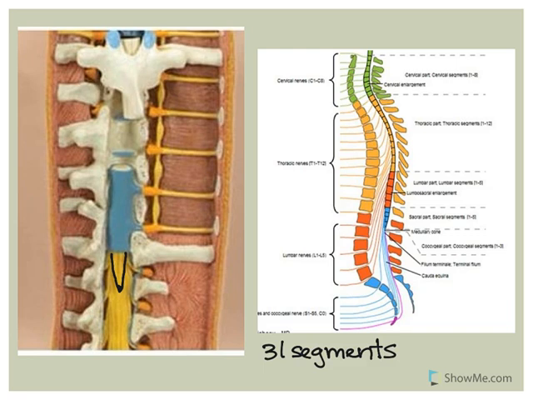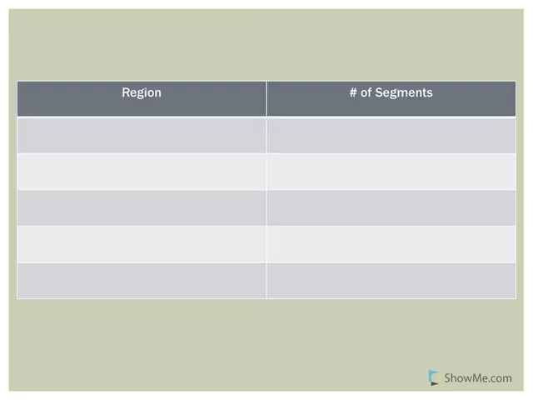From each side originate your various spinal nerves, because we have 31 pairs of spinal nerves. The regions correspond to the same names as we talked about with spinal nerves. The number of segments will be the same as the number of pairs of spinal nerves.